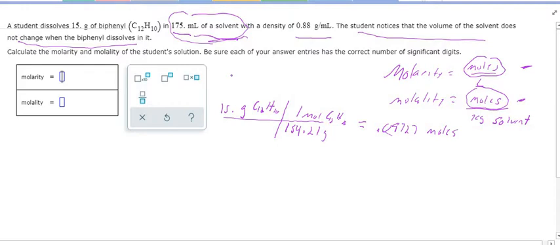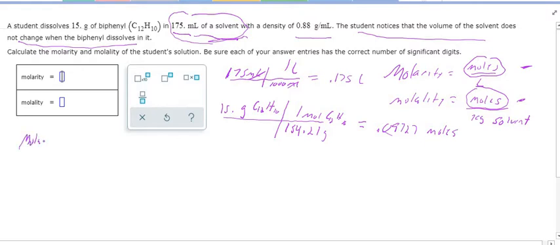So I'll go above here and say that there are 175 milliliters of this solution, and there are 1,000 milliliters in 1 liter. My units will cancel here, and that gives me 0.175 liters.